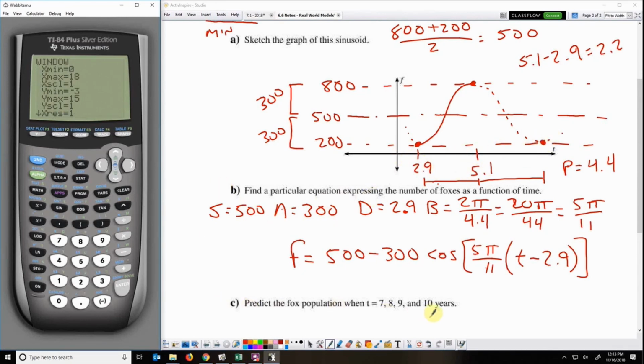Well, this one's 10 at least, so I'm going to go 0 to 10 years. For the y's, how about 0 to 800? But that's a big range, so let's count by 20s. So a scale of 20 and graph.